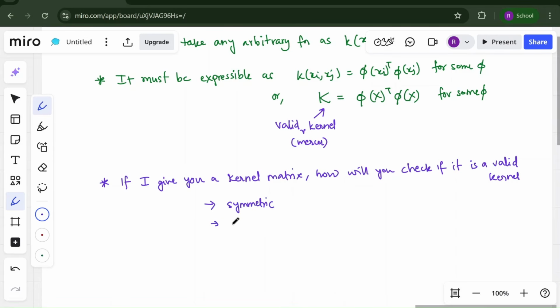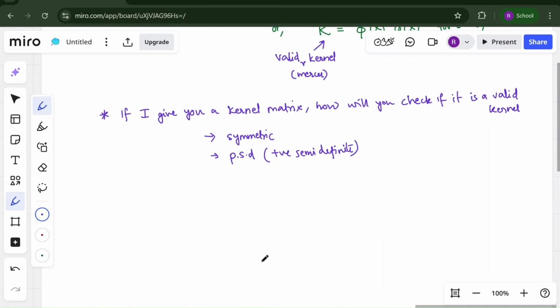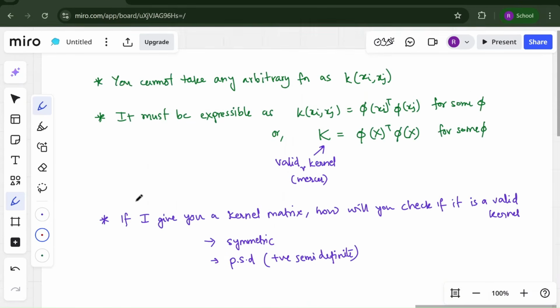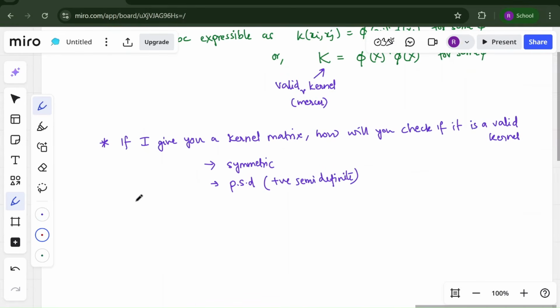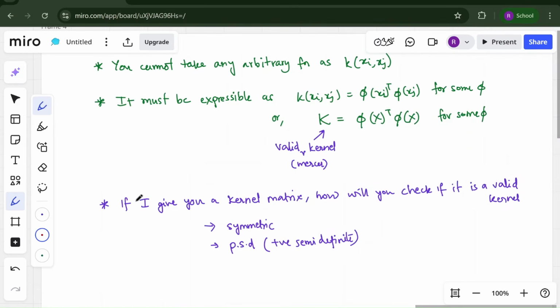Secondly, you have to check if it is positive semi-definite. How will you check if it is positive semi-definite? There are 3 or 4 ways. I hope you know it already. All right, so that is about the validity of kernels. You cannot use any arbitrary function as a kernel. You have to use only specific ones, and the popular ones are the polynomial kernel and the RBF kernel.